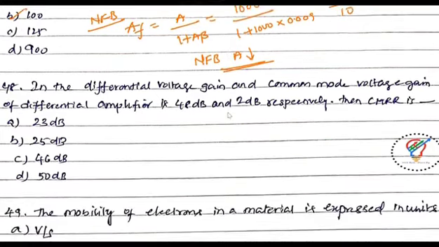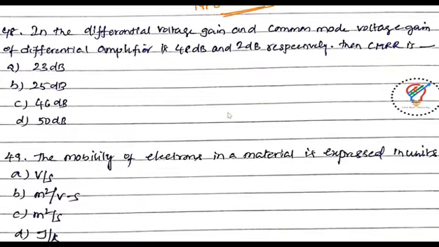Next one. The differential voltage gain and the common mode voltage gain of a differential amplifier are 48 dB and 2 dB respectively. The CMRR is nothing but the differential gain divided by the common mode gain.